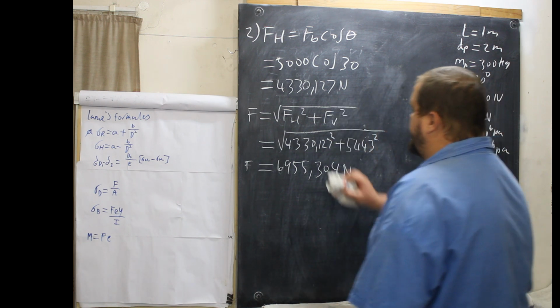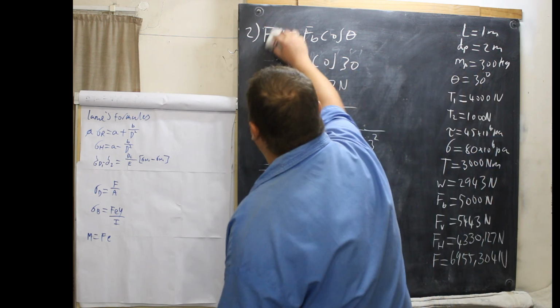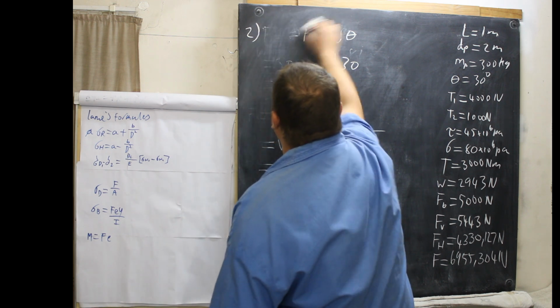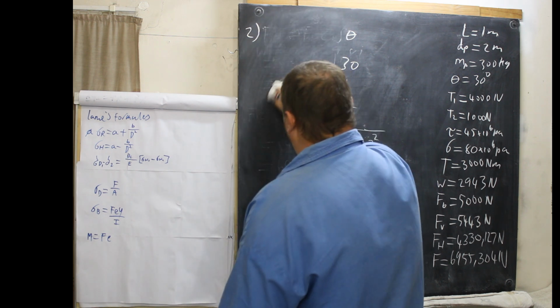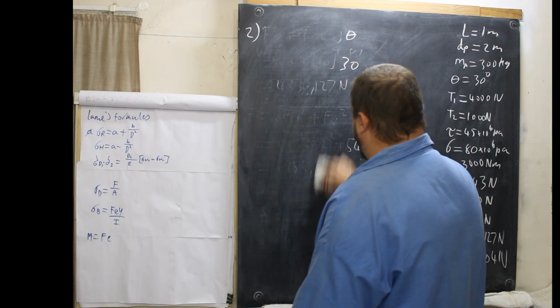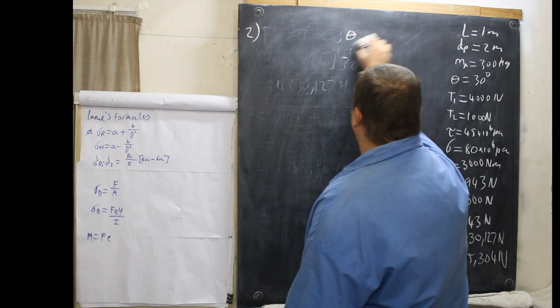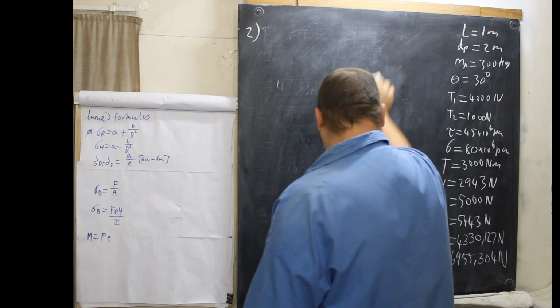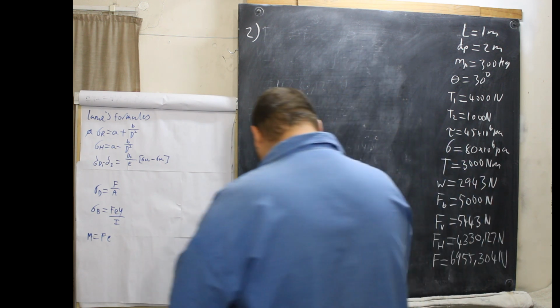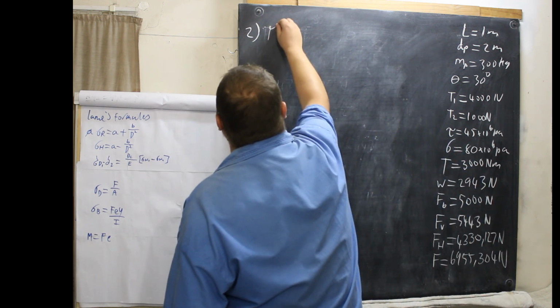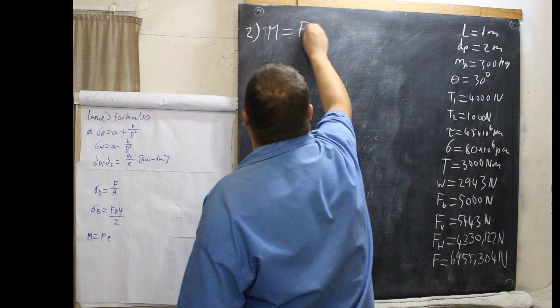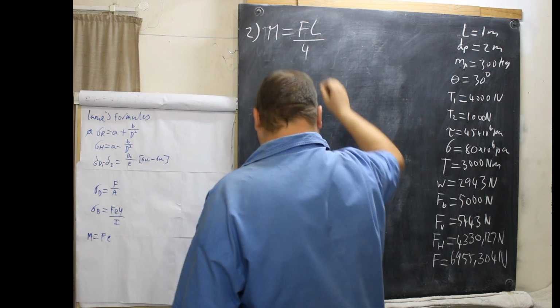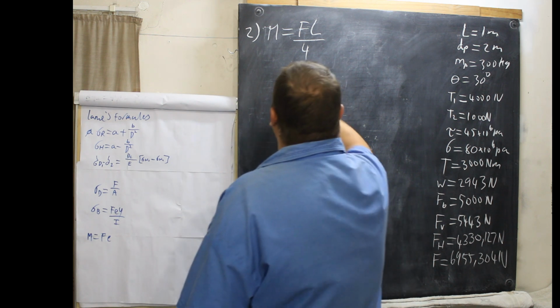Now all we need to do is take our value for F and put it in. That's what we needed to find, was F. All these steps just to find F. Because with F, we can find M equals FL over 4.